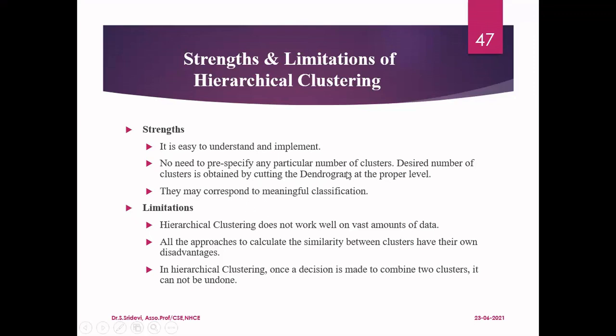The desired number of clusters can be obtained by cutting the dendrogram at a proper level. According to the distance at which you cut, the number of clusters is formed. They may correspond to meaningful classification. Every cluster gives you some meaningful classification.